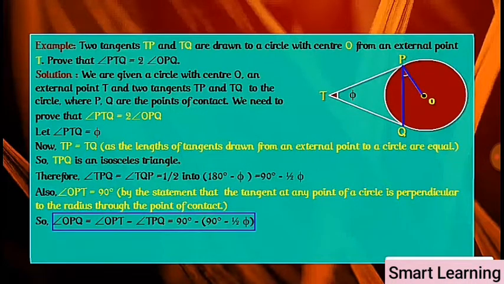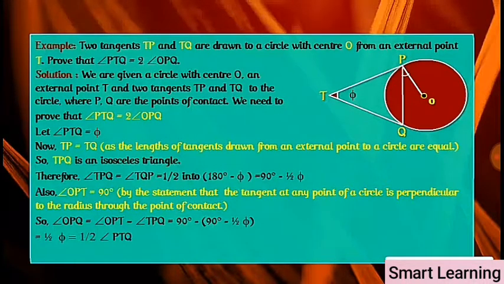So, angle OPQ is equal to angle OPT minus angle TPQ, which is 90 degrees minus (90 degrees minus half phi), which is equal to half phi, which is half angle PTQ. This gives angle PTQ is equal to twice angle OPQ.